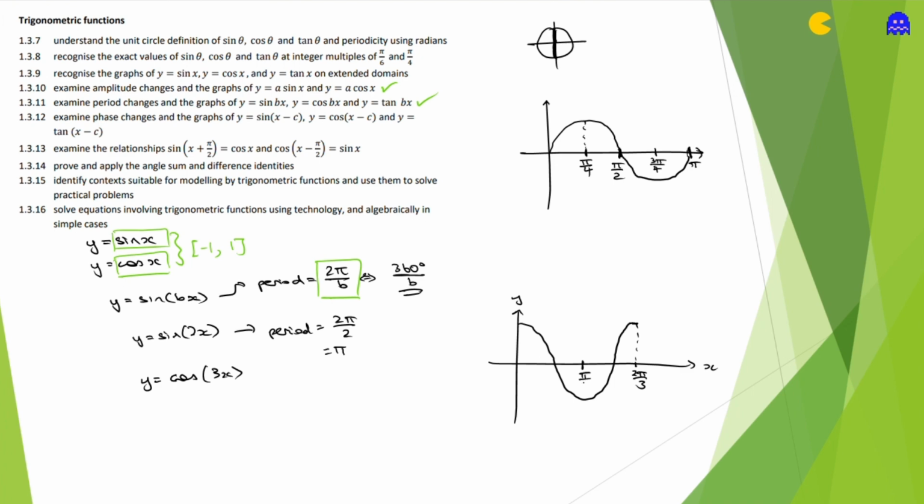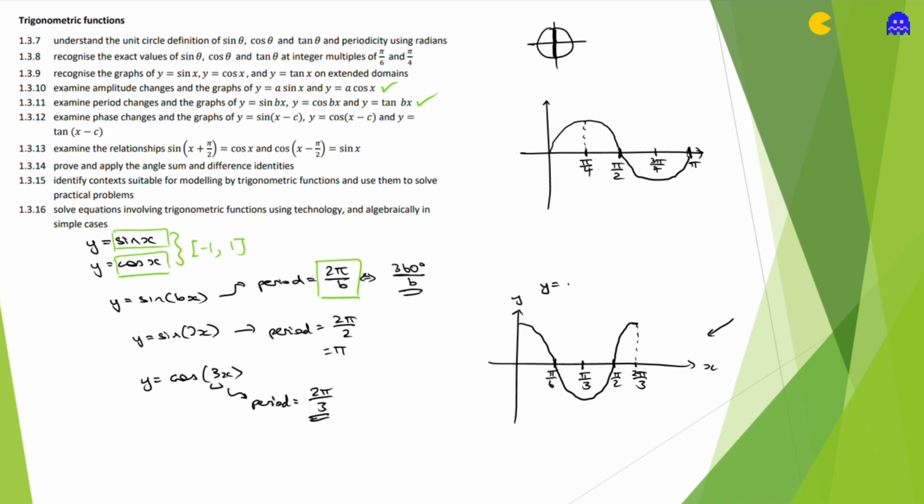This becomes pi over 3. The 3 pi on 2 now becomes 3 pi over 6, which is pi over 2. And the pi on 2 now becomes pi over 6. And so as a result, we have this contraction by a factor of 3, because our period is now 2 pi over 3, just as I've shown in this graph.